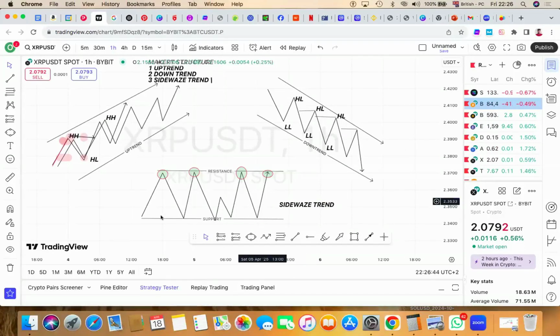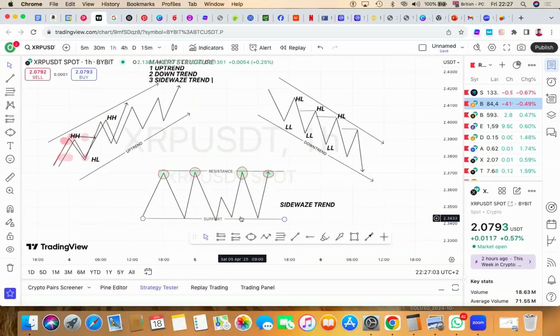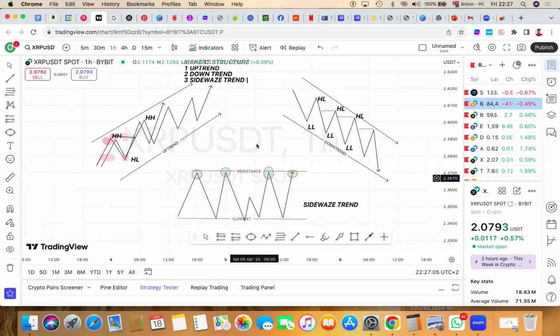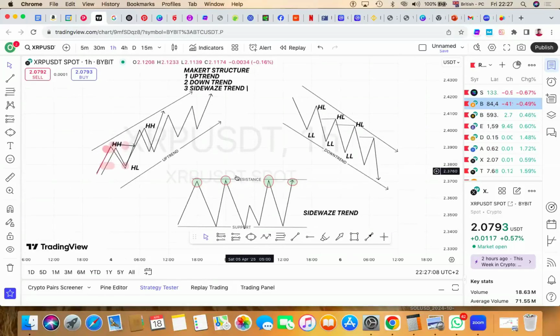One thing you want to know is that it's always equal moves in the market, whereby the buyers and sellers are indecisive. They are pushing up, they are pushing down, up, down. So we have these 3 types of scenarios in the market for our structures. Some people trade this, whereby they wait for the market to break out of either an uptrend or downtrend so that they can take the trade.